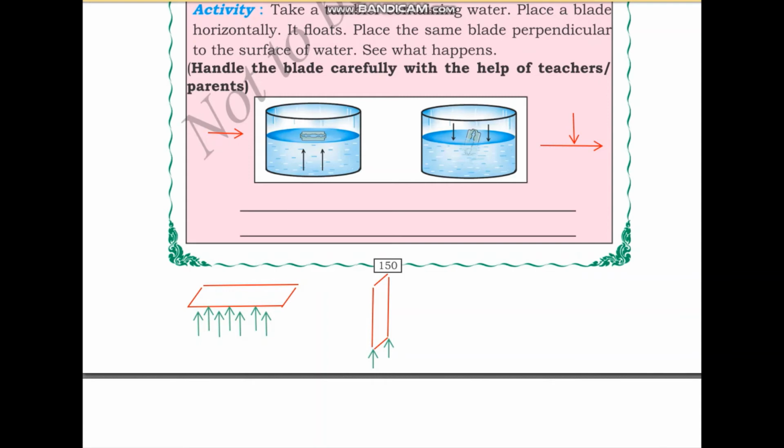But when the blade is placed vertically, there's only a small area which is being pushed by the water. So when the blade is placed horizontally, a large surface is pushed by the water from below. When it is placed vertically, only a small region, that is only the thin part of the blade, is being pushed by the water.